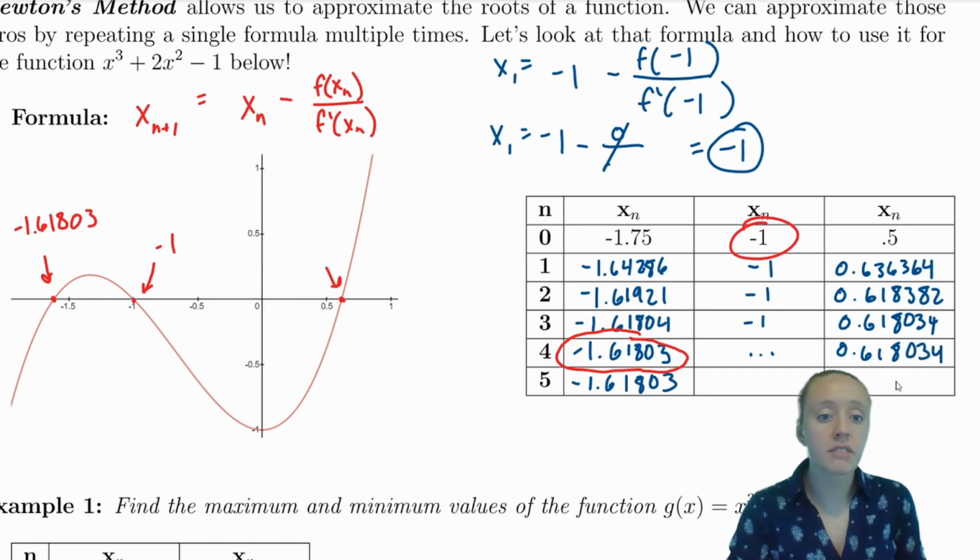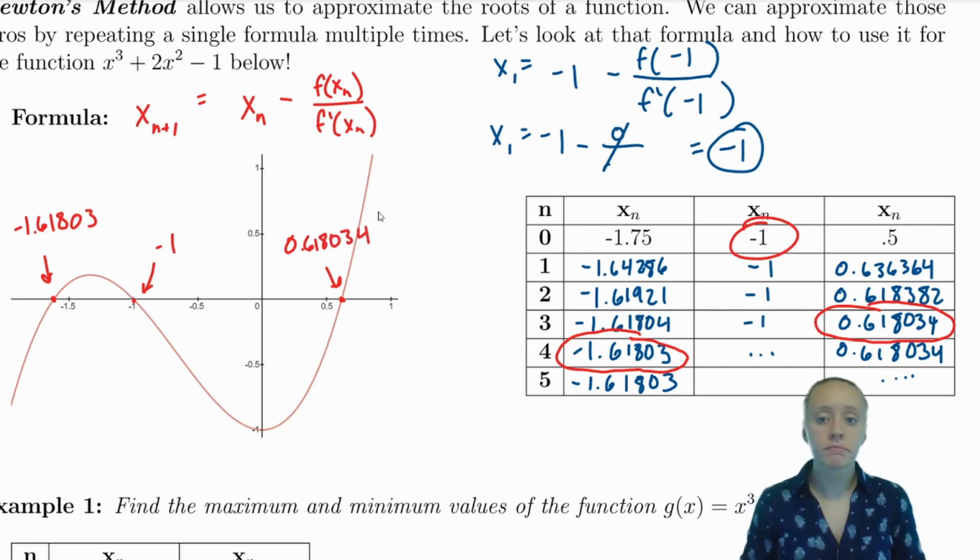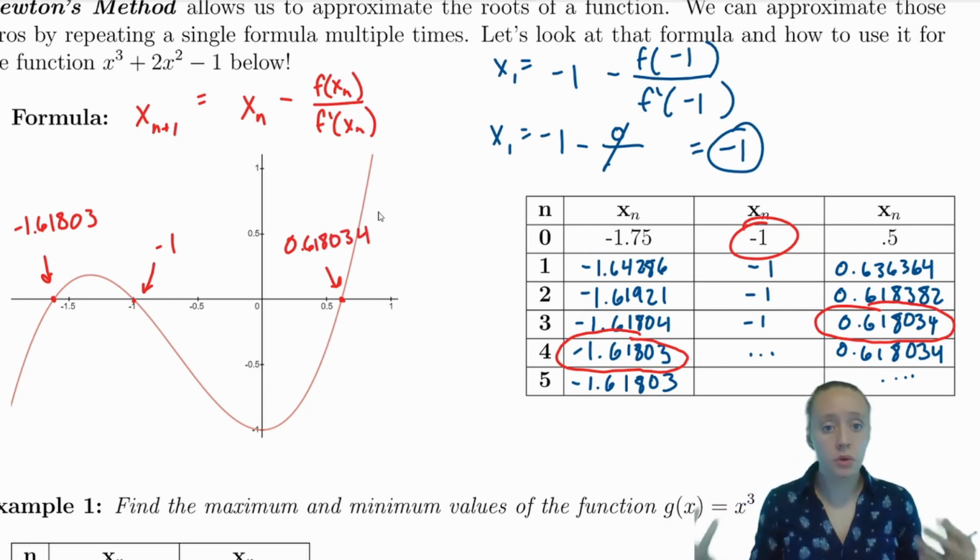So I don't even need to fill in those rest of the values. I know that this is going to be a root of 0.618034. And that's how you find the roots using Newton's method.